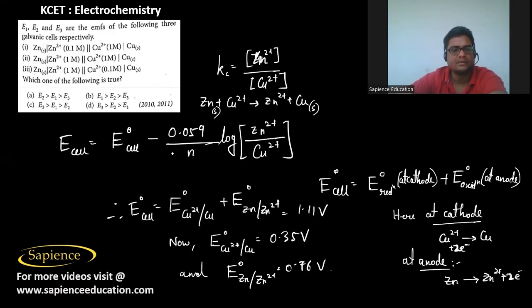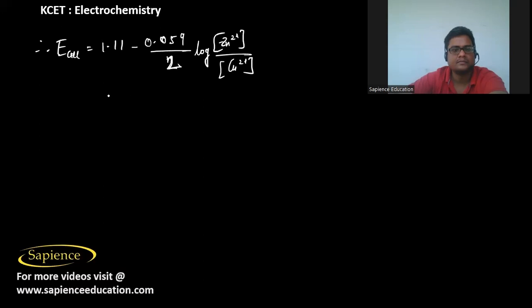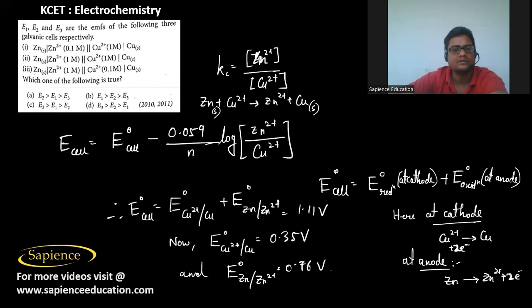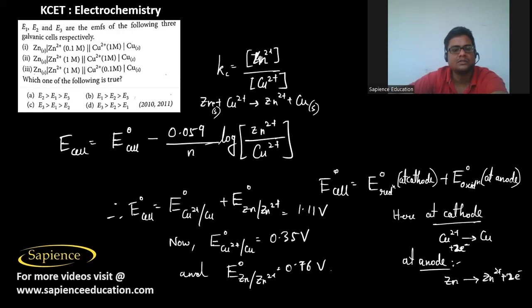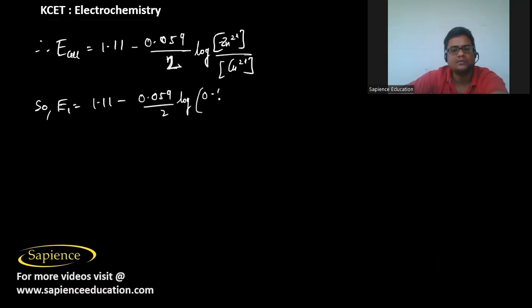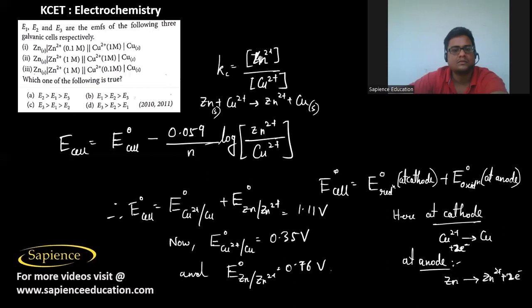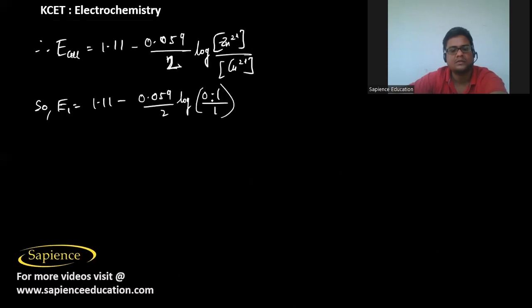Now I can say E1 is the EMF of the cell for the first case. That will be 1.11 minus 0.059 by 2 into log of 0.1 by 1. So this will be minus 1, so plus 1.